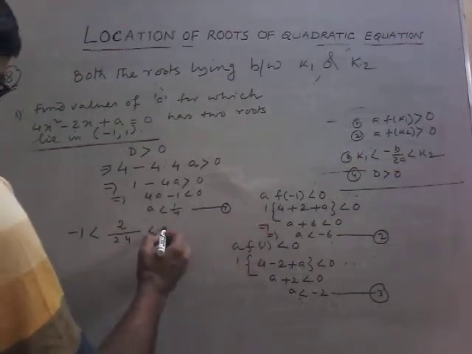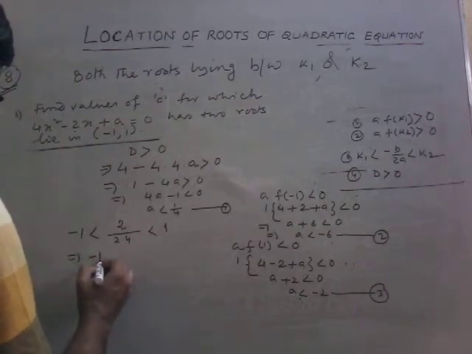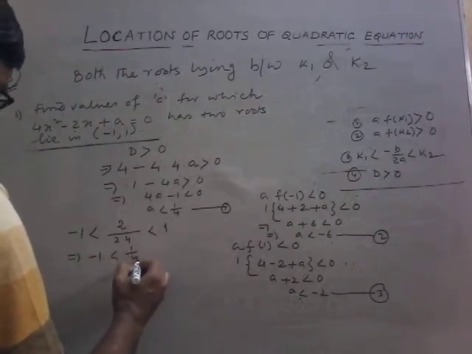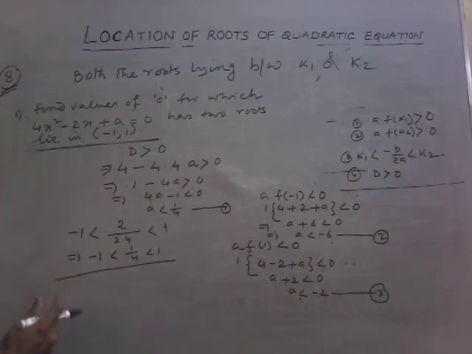K2 is 1. So minus 1 less than 1 by 4 less than 1. So now we find the common conditions.